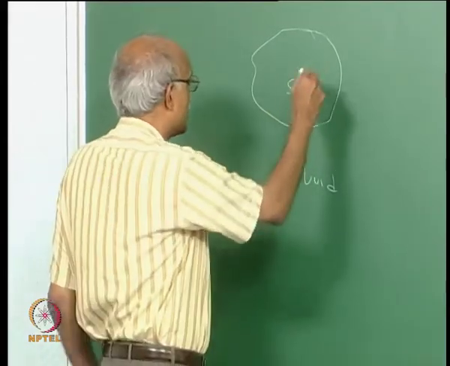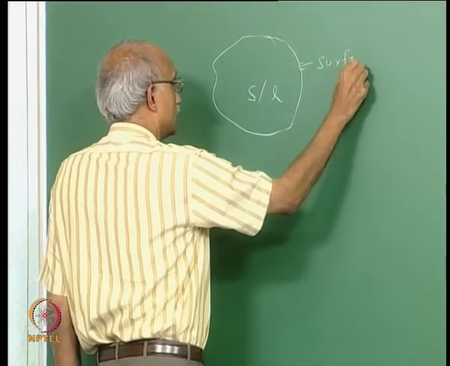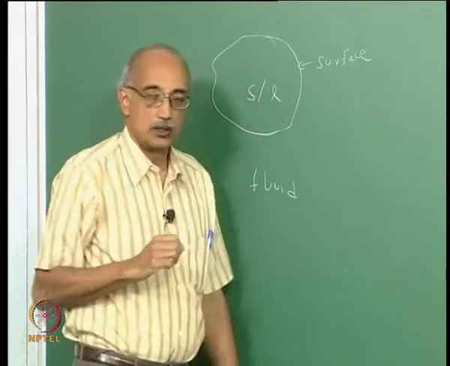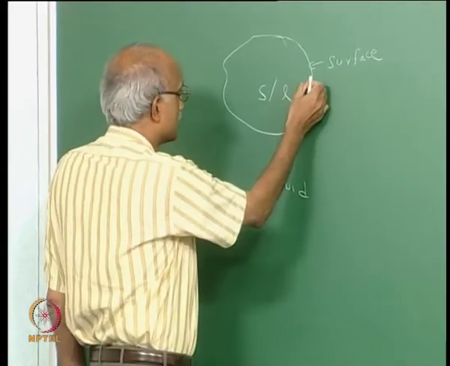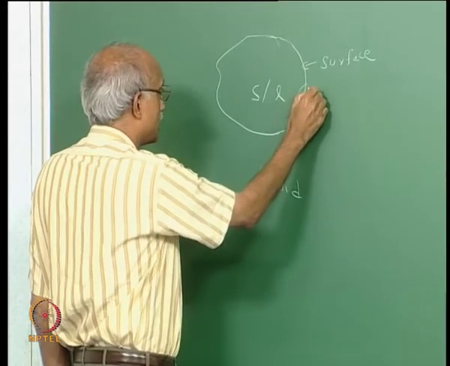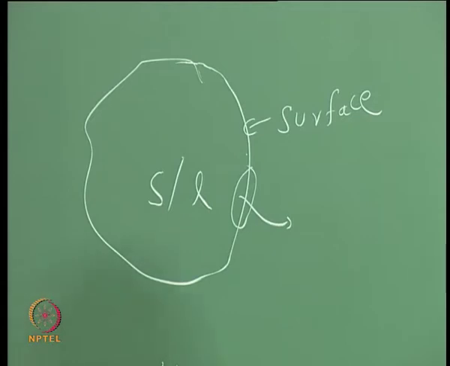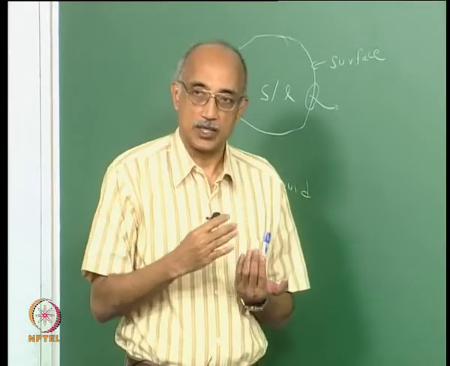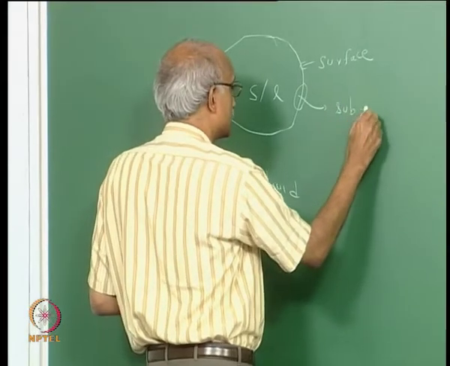So, the outermost profile of the particle is what we call the surface. The region just beneath the surface, so this area that is adjacent to the surface but just below the exterior surface, is known as the subsurface region.